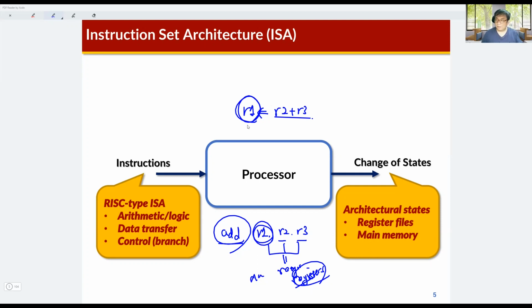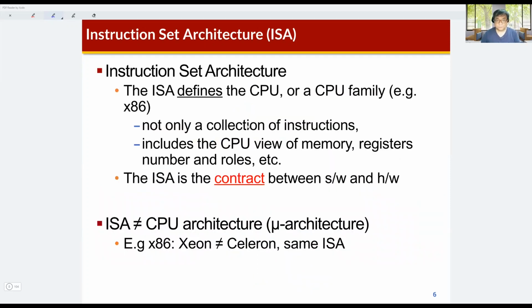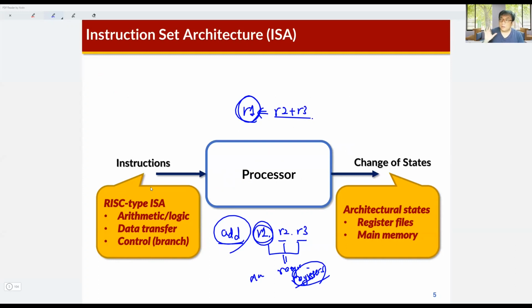So basically the instruction set architecture just defines the result of the instruction. It also defines many different parts, like the number of registers, the size of the addresses, or the size of the data.